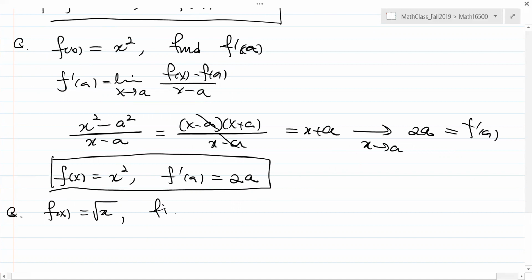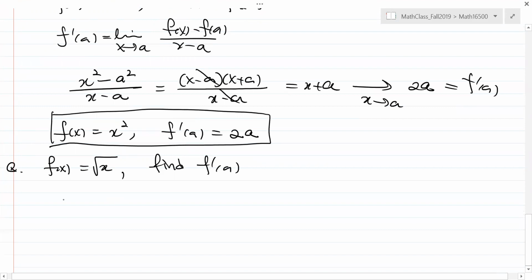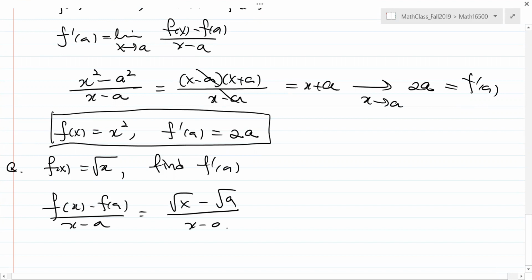I'm going to find f prime a. I just look at this expression: square root of x minus square root of a over x minus a. I want to find the limit as x approaches a.